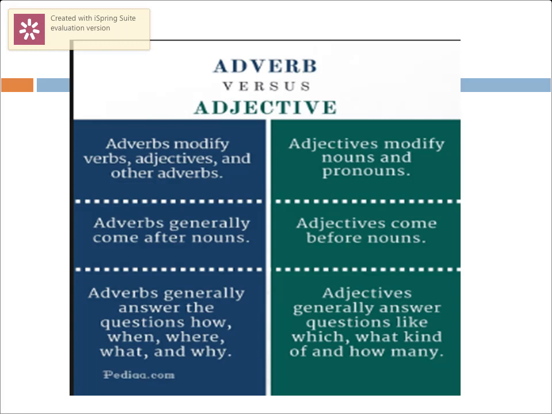And the position, adjectives generally come before the nouns, whereas adverbs generally come after the nouns. Now, adjectives generally answer questions like which, what kind of, or how many, whereas adverbs generally answer the questions like how, when, where, what, and why.